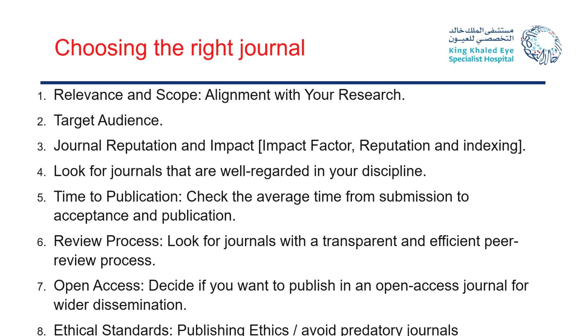For the review process, you look for a journal with a transparent and efficient peer review process. And some journals allow you to provide names for like 5 or 6 potential reviewers, okay? Not necessarily that they will send it to them, but they actually build a database out of the information you give them.